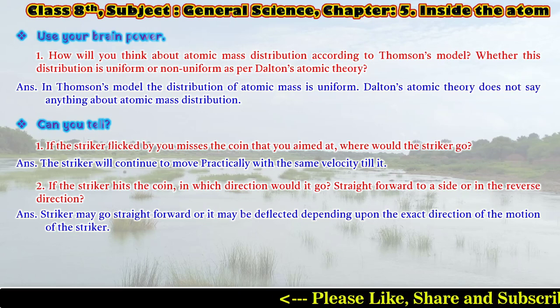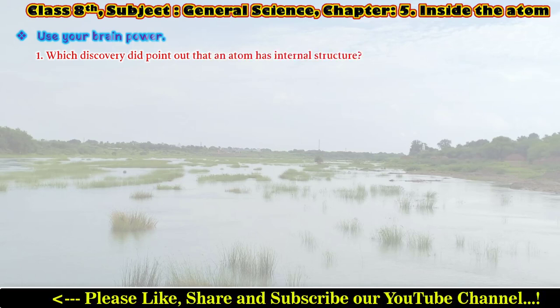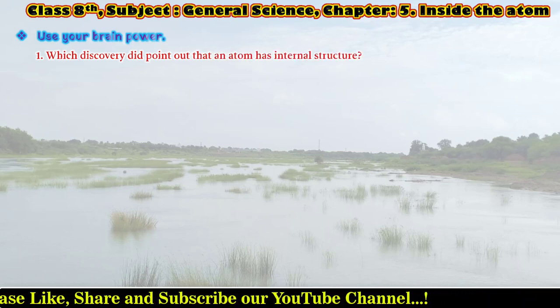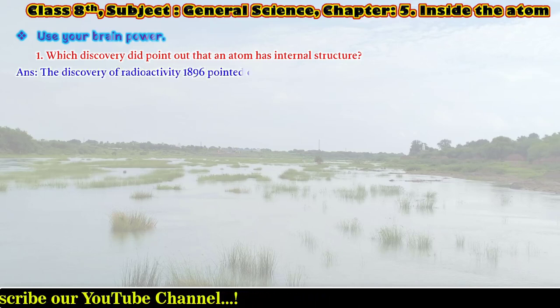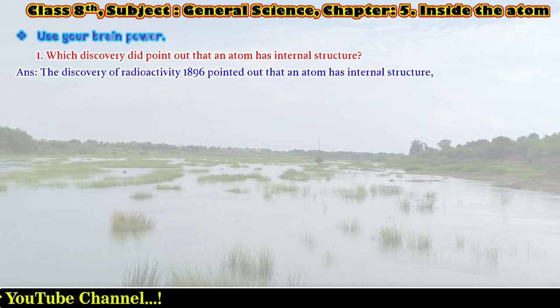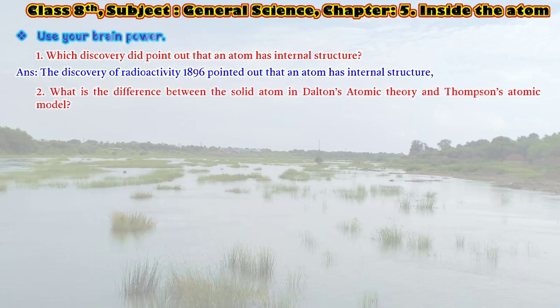See next one. Use your brain power. First question is: which discovery pointed out that an atom has internal structure? Answer is: the discovery of radioactivity in 1896 pointed out that an atom has internal structure. Second question. What is the difference between the solid atom in Dalton's atomic theory and Thomson's atomic model?